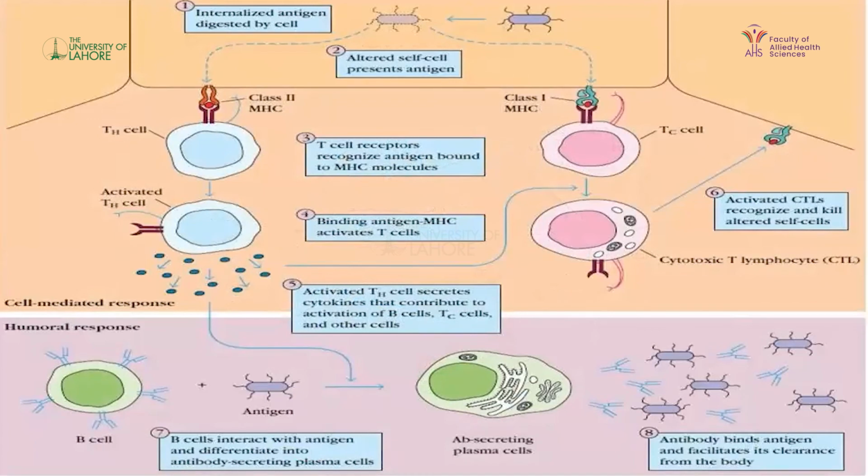Here we can see that it consists of 8 steps. In the first step, the antigen will be internalized in the cell. This antigen will be degraded through an enzymatic process in the cells, and the antigen parts will be presented on the cells.